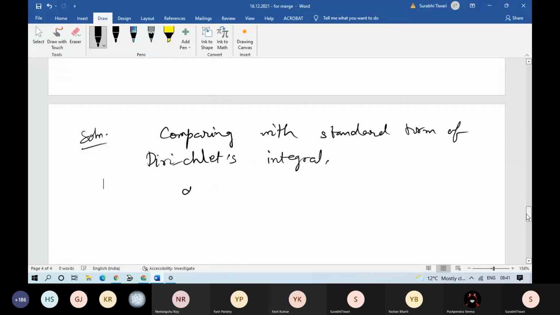Alpha, beta, gamma teenon 4 hai. And what are the values of p, q, r? 2. And what are the values of a, b, c? 1, 1.